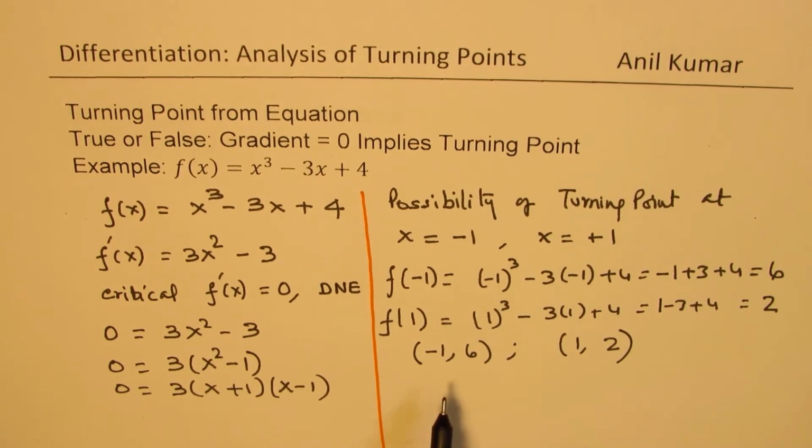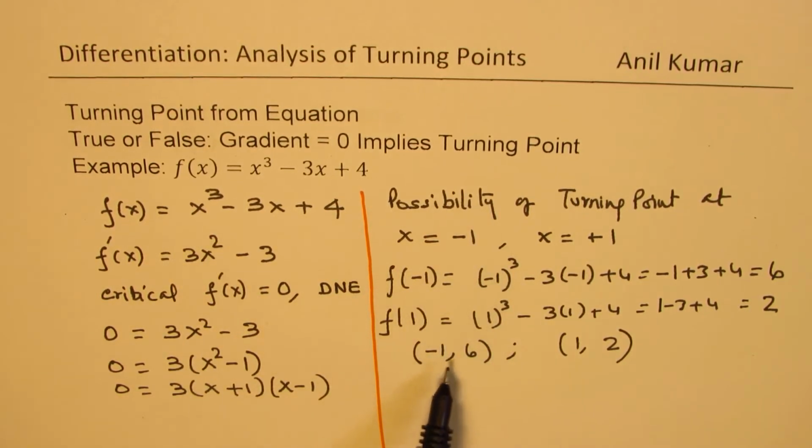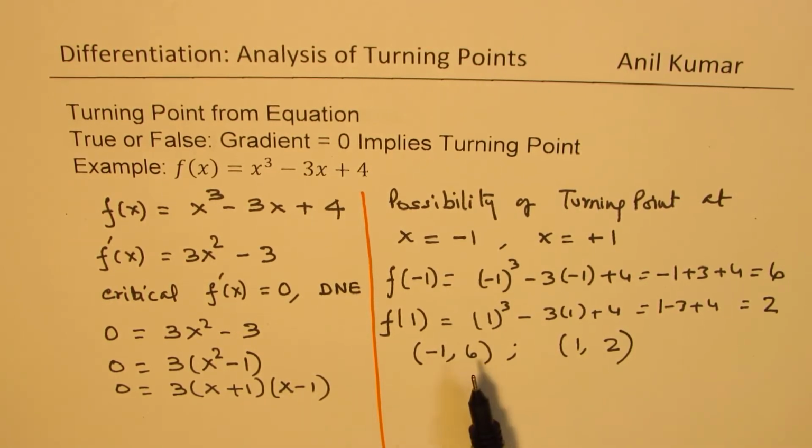Now, are they the turning points or not? Most of the time, whenever we have the first gradient as 0, we normally get a turning point. But there are possibilities that it may not be a turning point, right? So we'll keep it as such at present.